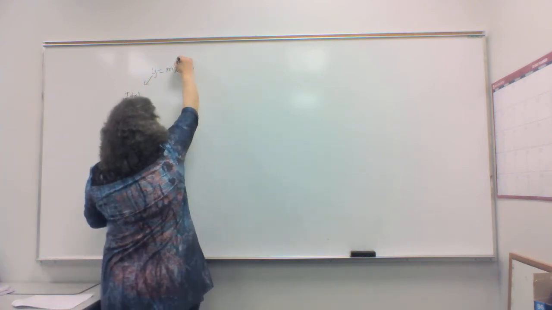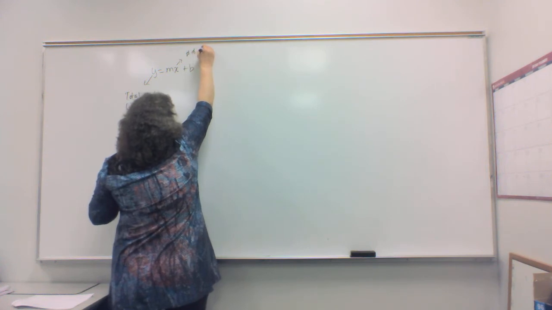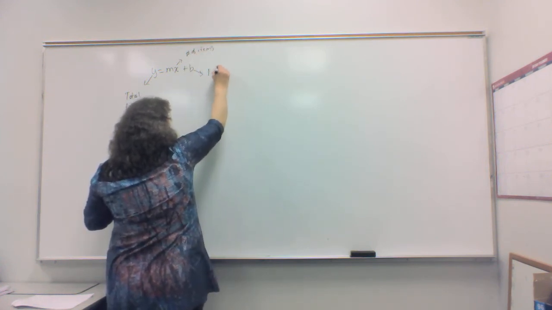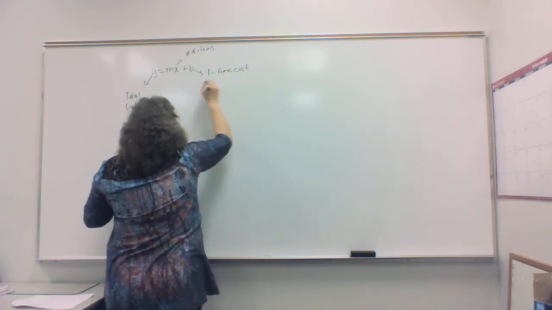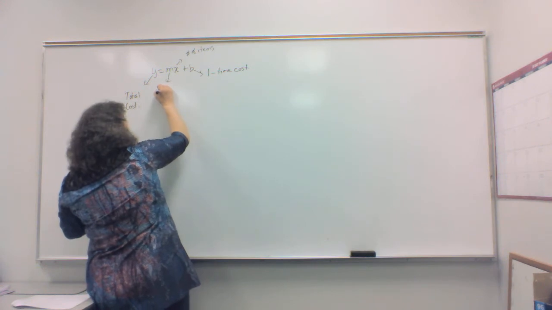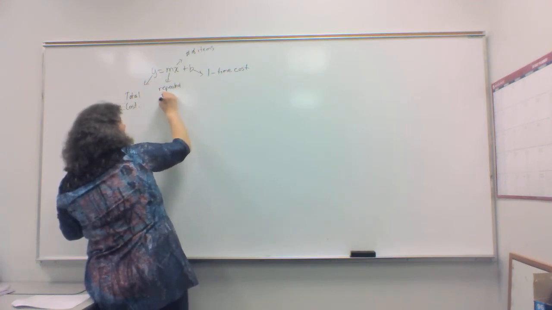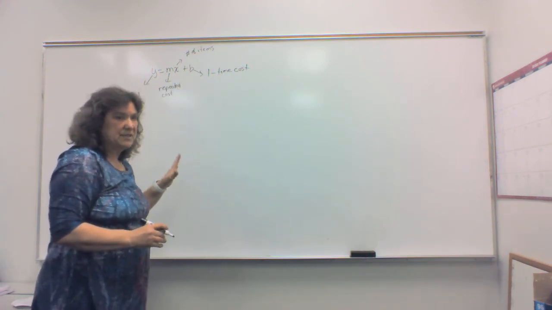My x will be the number of items, whatever it is. B is a one-time cost, and m is your repeated cost. Okay? So that explains what each one of those letters represent.